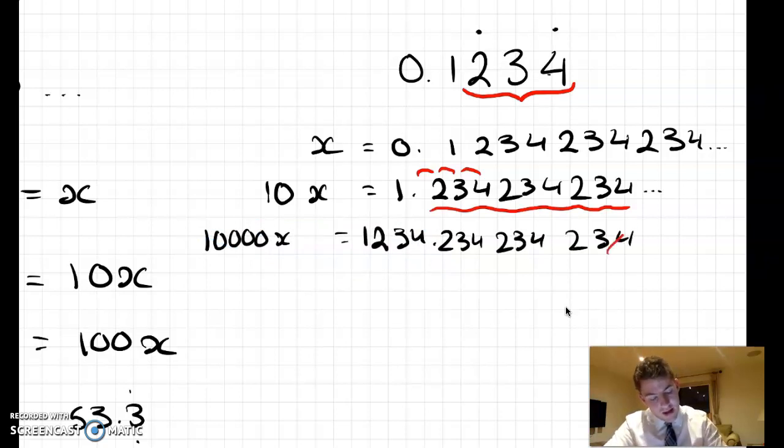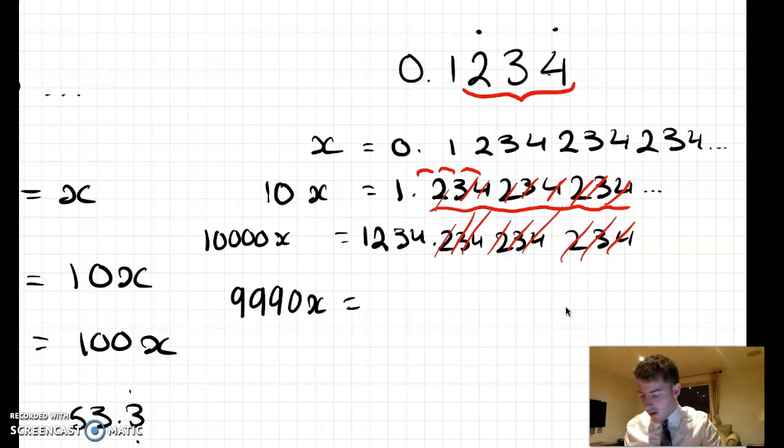0.234234234. They all cancel out when we subtract them from each other. So 10,000x take away 10x is 9,990x, and that's going to equal 1,234.234234 take away 1.234, you're left with 1,233.